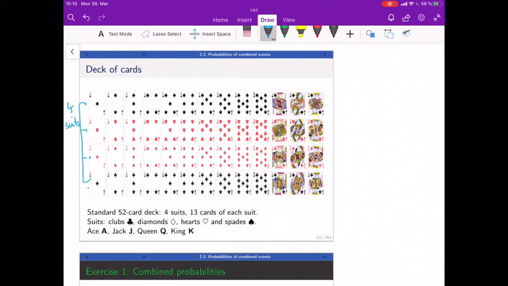And then you've got the different numbers on them. You basically got an ace, then the numbers 2, 3, 4, 5, 6, 7, 8, 9, 10, and then there's a jack, a queen, and a king.